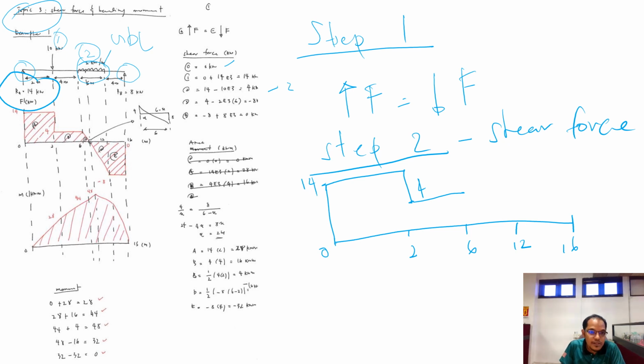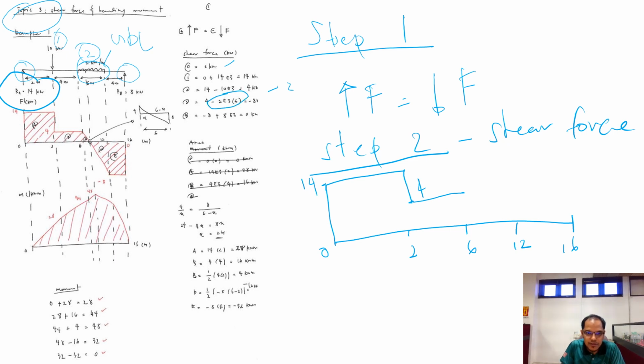So the equation is for this case, at 4 we're going to minus 2 kN per meter multiplied by 6.